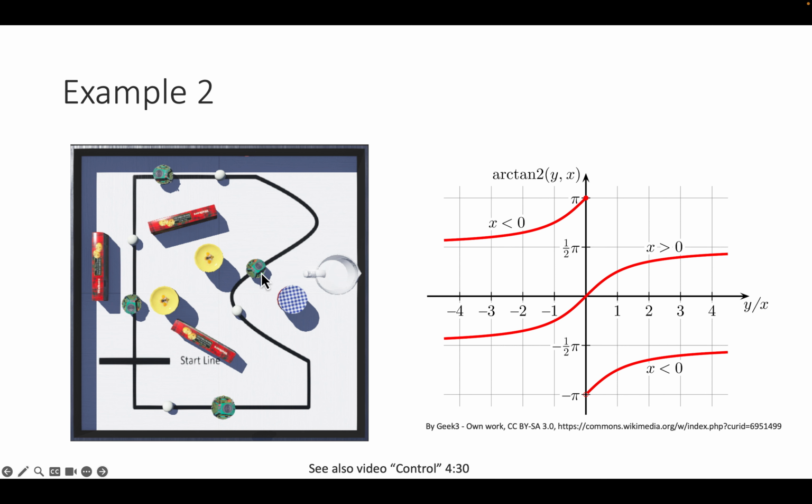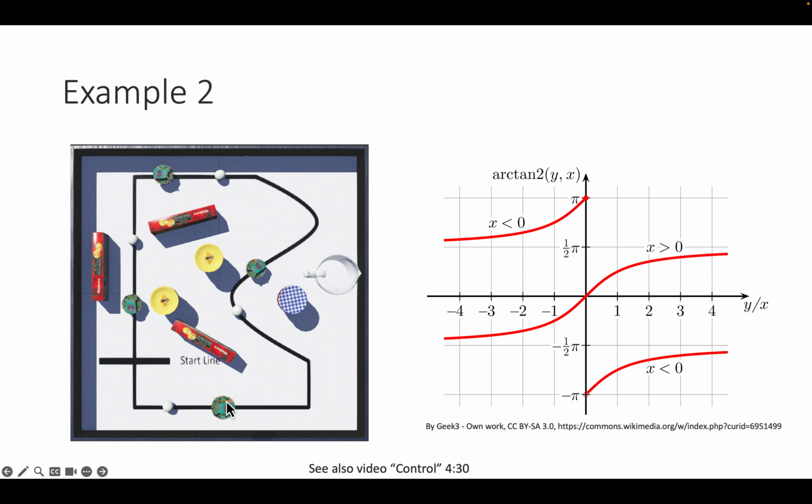In this case, the robot is at an orientation of minus 130 degrees, and the arcus tangens is about 120 degrees negative. So minus 120 minus minus 130 is around plus 10 degrees, so the robot has to make a slight left turn.